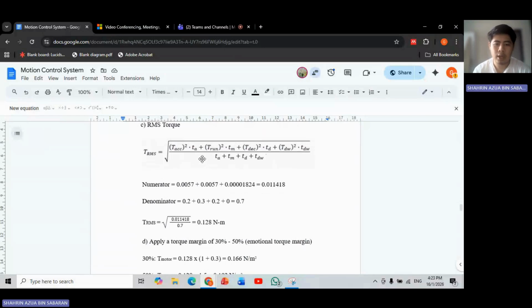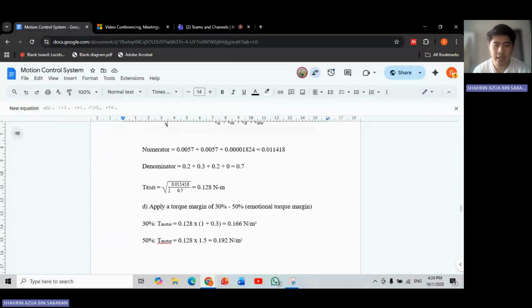When we solve it, we get 0.0057 plus 0.0057 plus 0.00001824. The numerator is 0.011418. For the denominator, this is the time duration: 0.2, 0.3, 0.2, and 0. When we add them, we get 0.7.